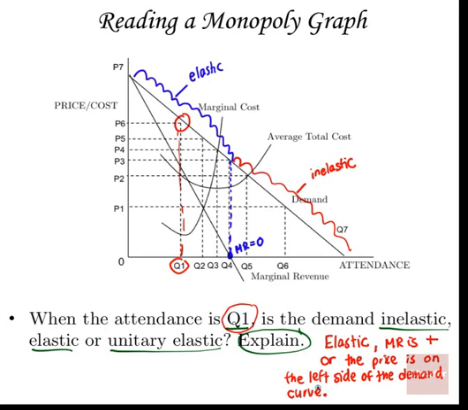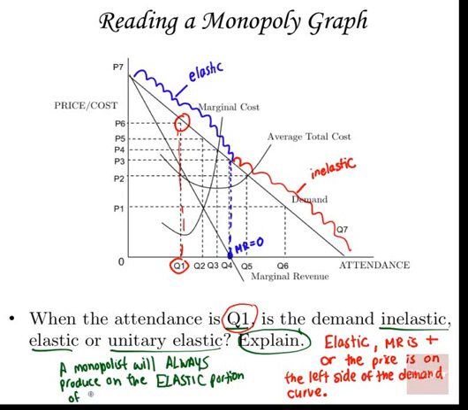And one thing is absolutely certain here. This is kind of a side thing: a monopolist, and when I say monopolist, I'm assuming a profit maximizing monopolist, will always produce on the elastic portion of the demand curve, always, without exception.